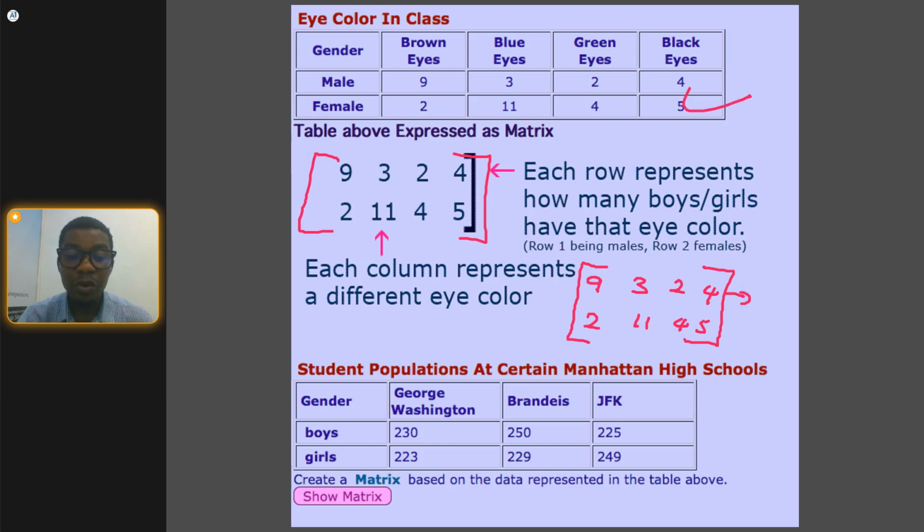The first row represents male, the second row represents female, the first column represents brown eye, the second column represents blue eye, the third column represents green eye, and the last column, which is the fourth column, represents the black eyes. So this is what we call matrix, presenting your data in a rectangular form.